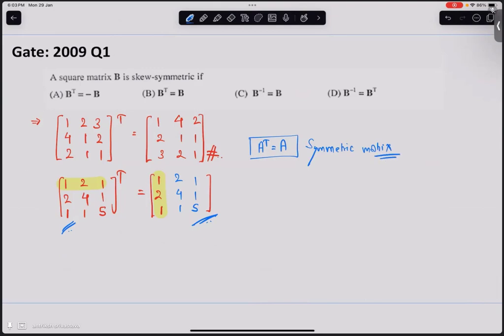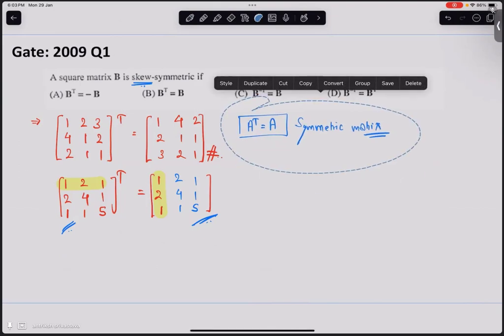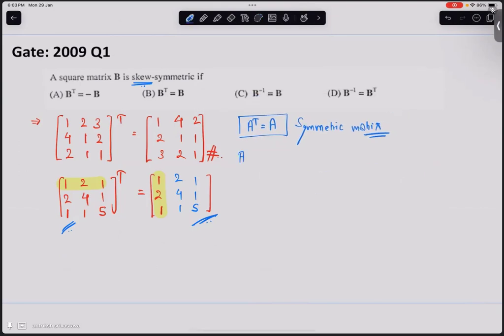What is skew symmetric? Skew symmetric is when we have A transpose is equal to minus A, right? So let us see. Let me write here one matrix, and I want to know from you guys whether that matrix is a skew symmetric matrix or not.